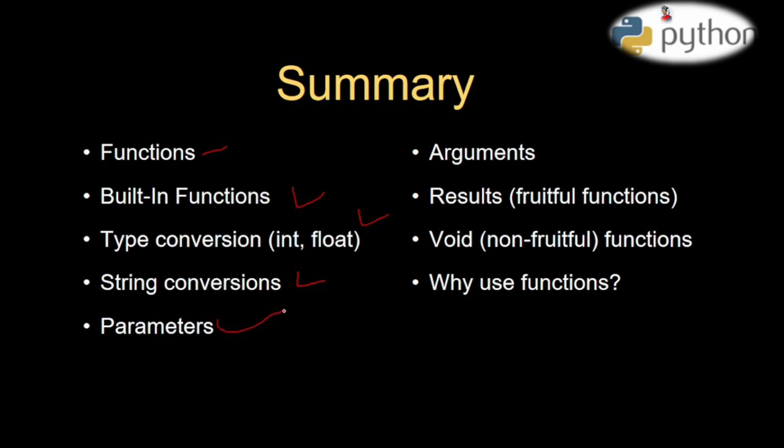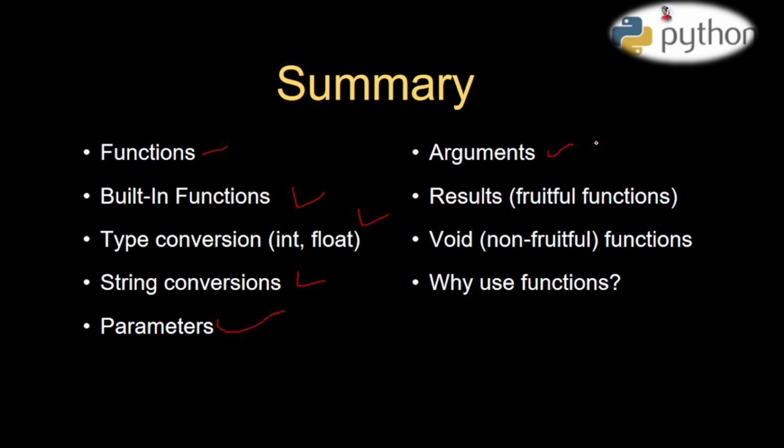Parameters, what are parameters? They are simply variables that we pass to the function definition. Arguments are values that we pass when we call the function, based on the order and the number of parameters defined in the function definition.